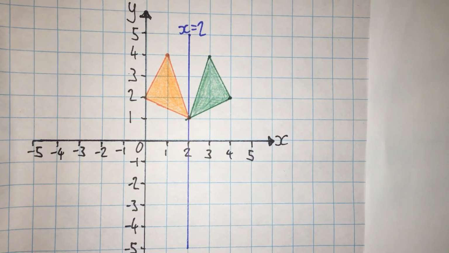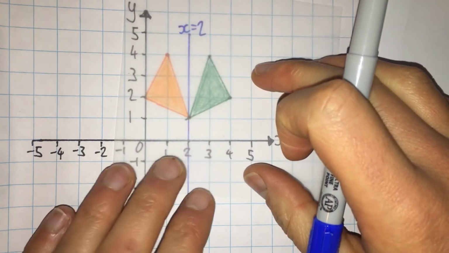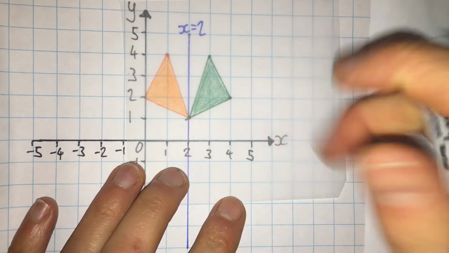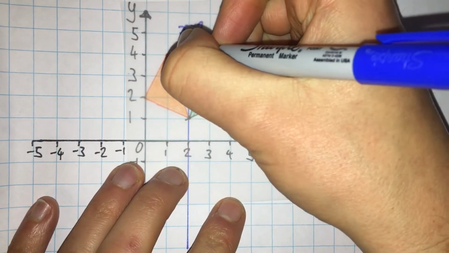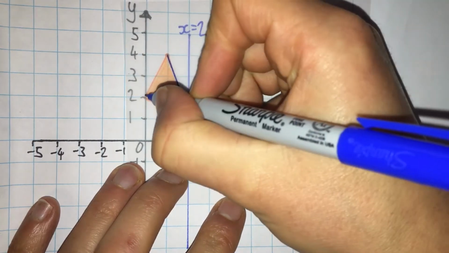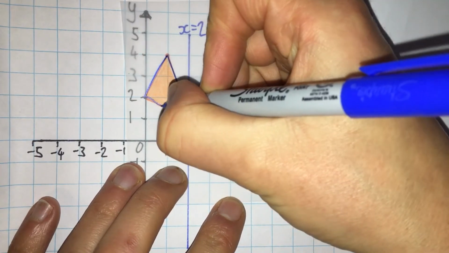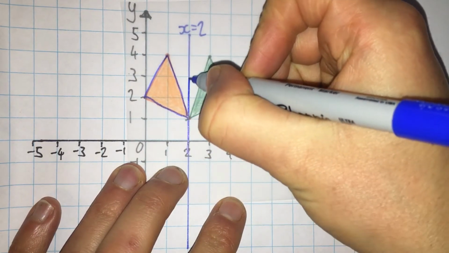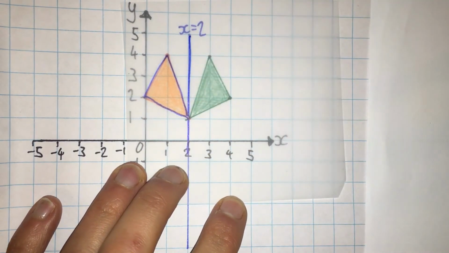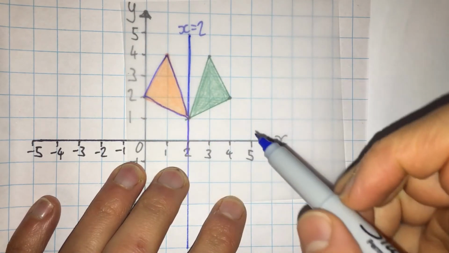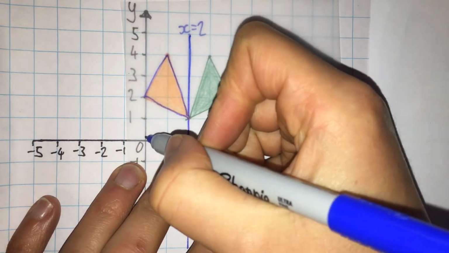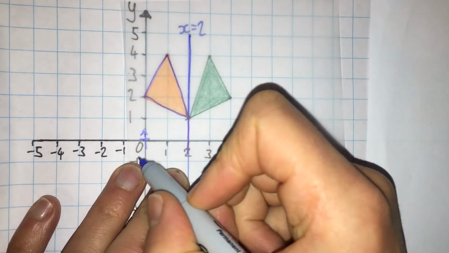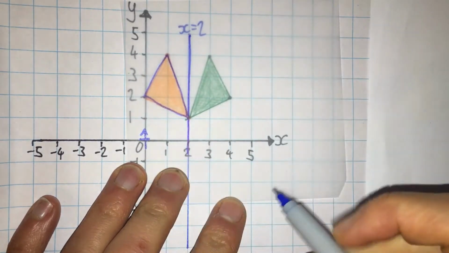Another useful way to reflect a shape is using tracing paper. And the way to do that is to draw the original object and also draw the mirror line. Now you need a point of reference in order to reflect the shape. So I quite often use the origin and I put little arrows to show which way's up.